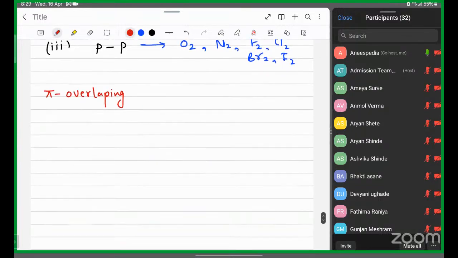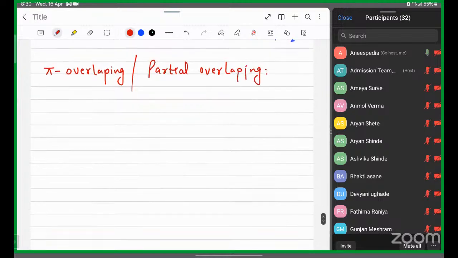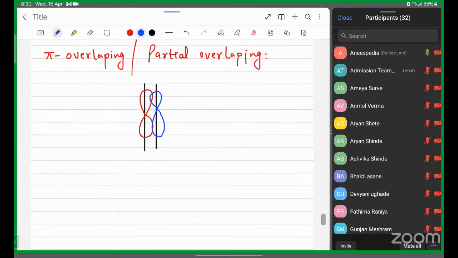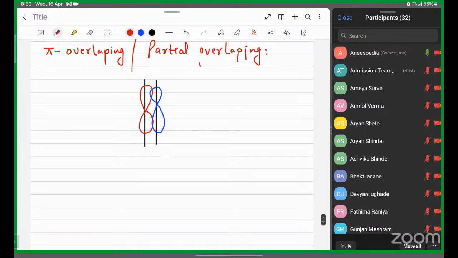Second overlapping we have is pi overlapping, which is also known as partial overlapping. In this overlapping we have two different parallel axes, and there are orbitals on these parallel axes which overlap with each other. So this type of overlapping is also known as parallel overlapping.